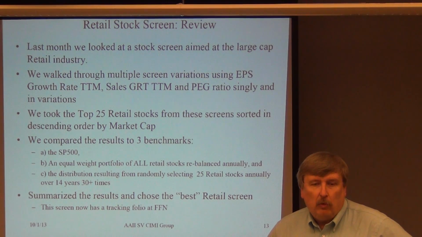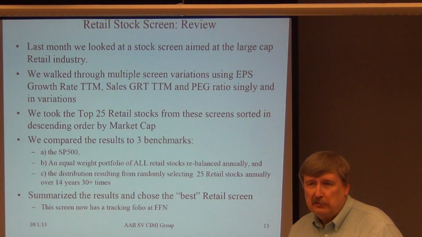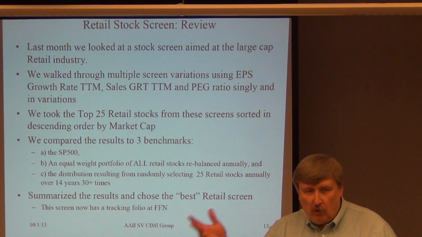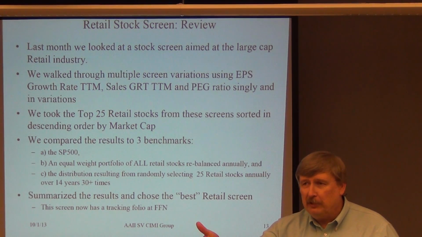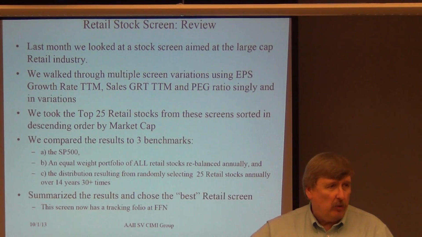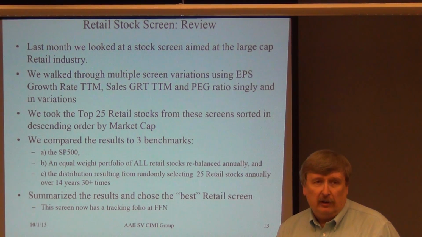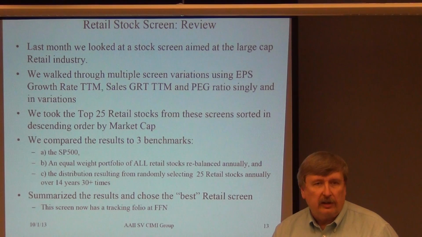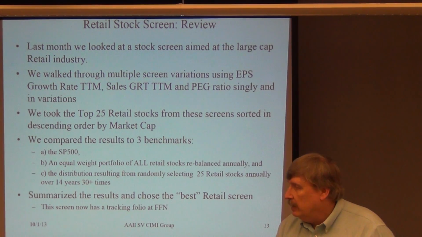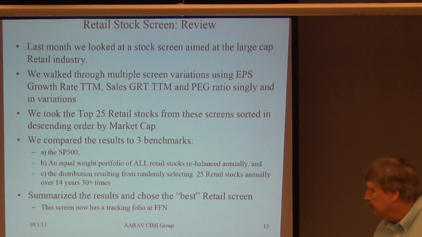The way those random portfolios are picked is: start at year one, pick 25 stocks out of the retail industry, hold them for a year, then randomly pick 25 stocks out of the retail industry again, and do that for 14 years to generate one equity curve. Then do that 30 times, and from there you should be able to start talking about some general statistics about what happens overall with this screen.